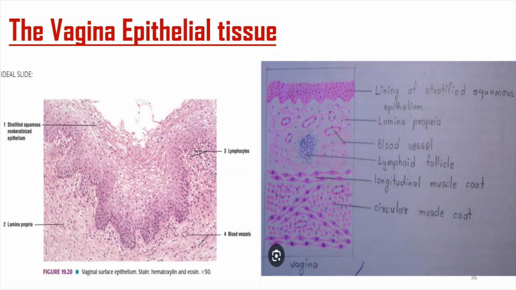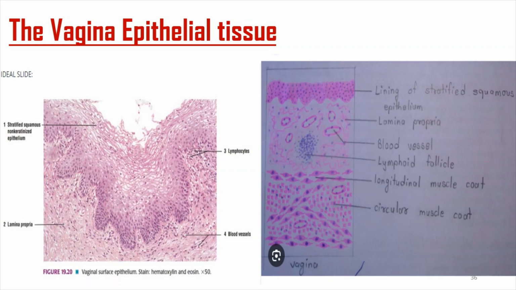In the vagina, this is at low power. Okay, so this is the vagina. So draw this. So these are ridges that are found in the vagina. This is the lamina propria, and this is the stratified squamous non-keratinized epithelia that is found in the vagina.